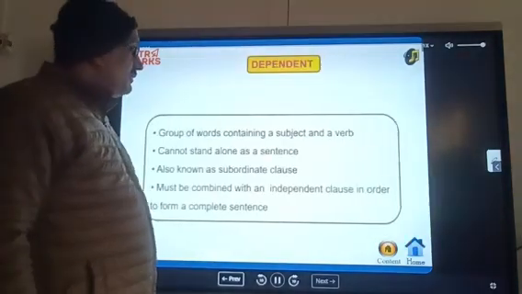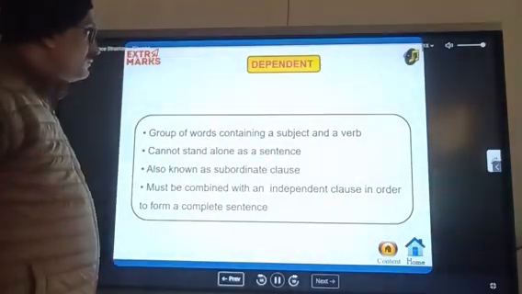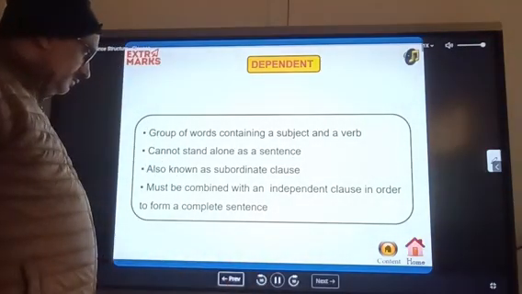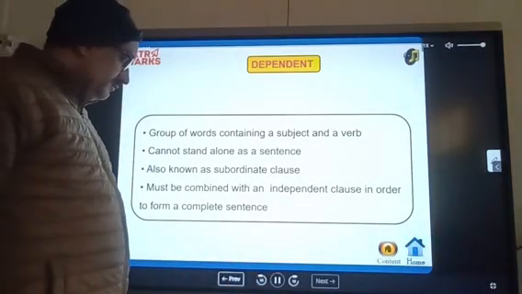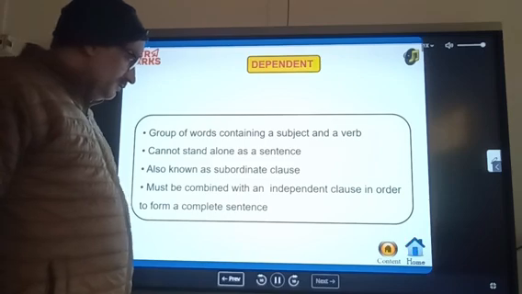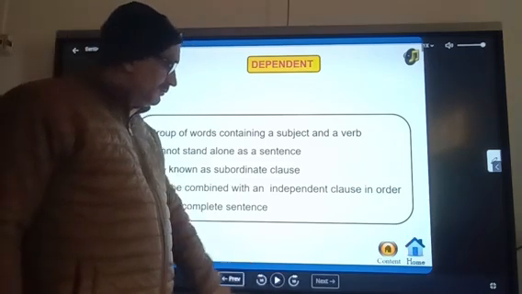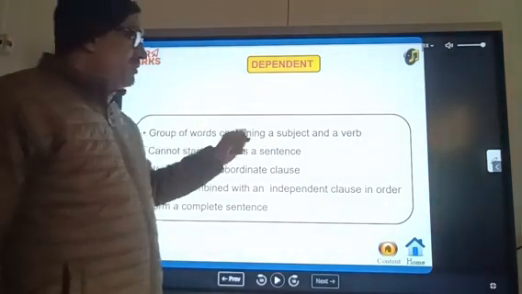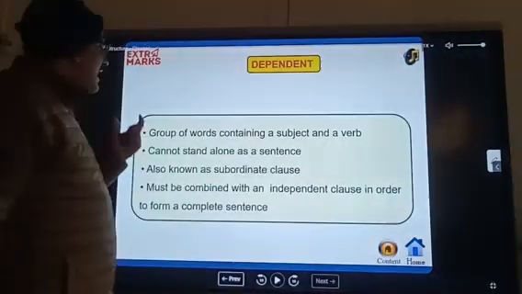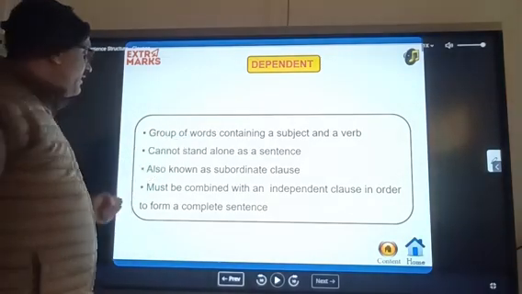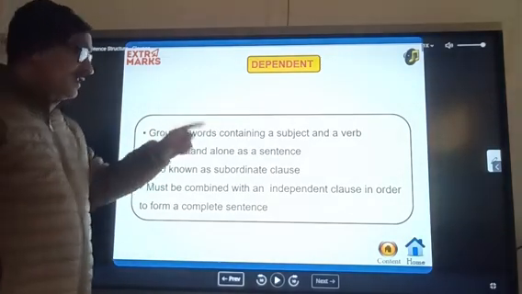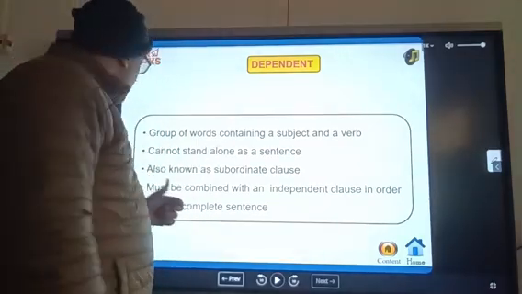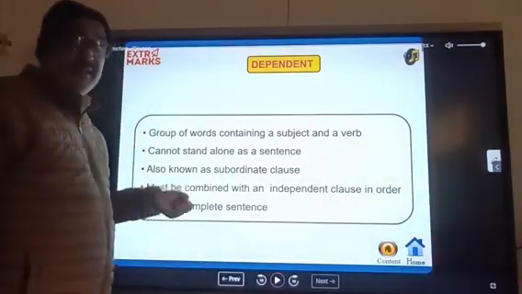A dependent clause is a group of words that has both a subject and a verb, but unlike an independent clause, it cannot stand alone as a sentence. It is also known as a subordinate clause.